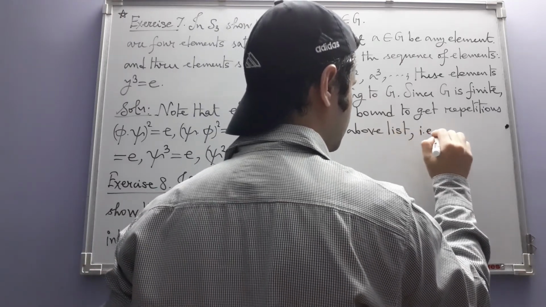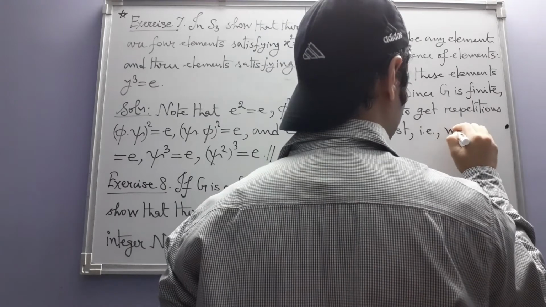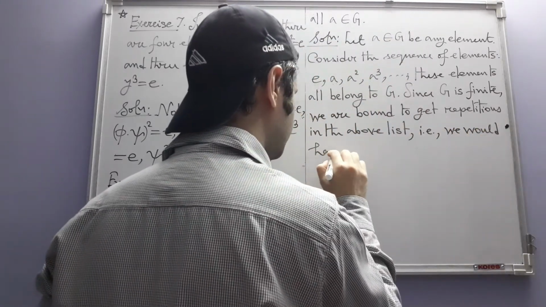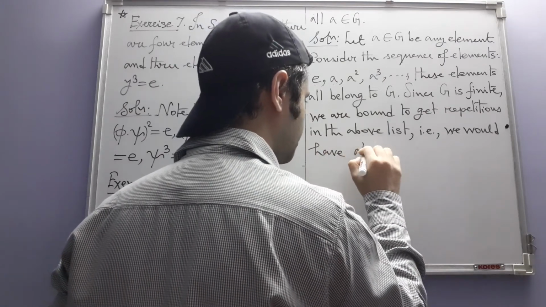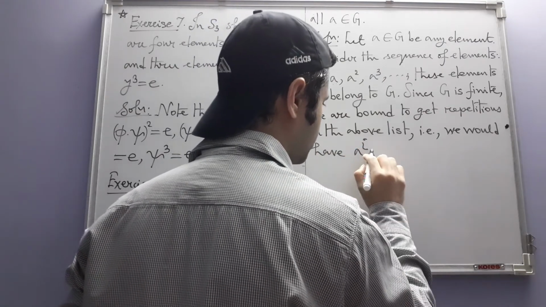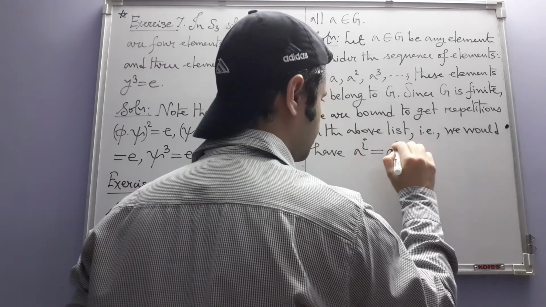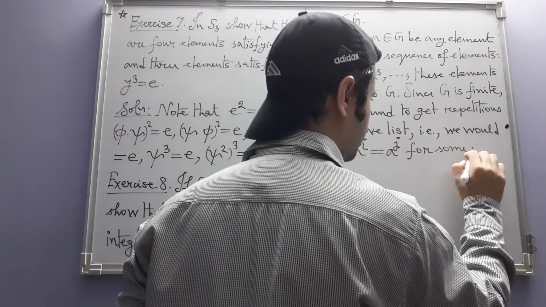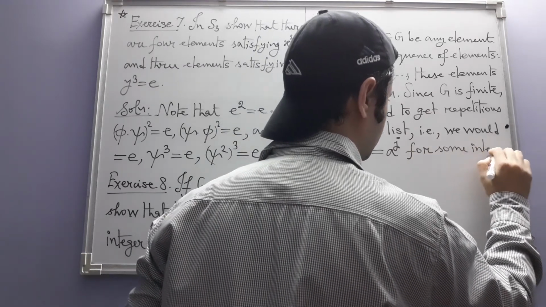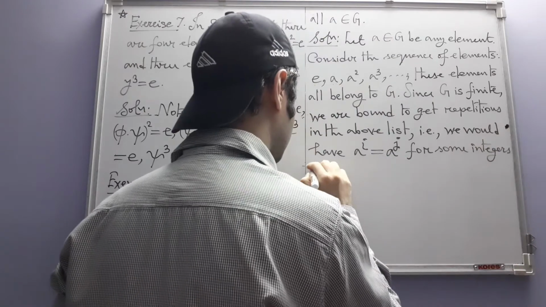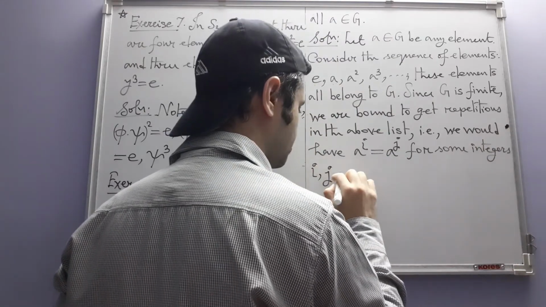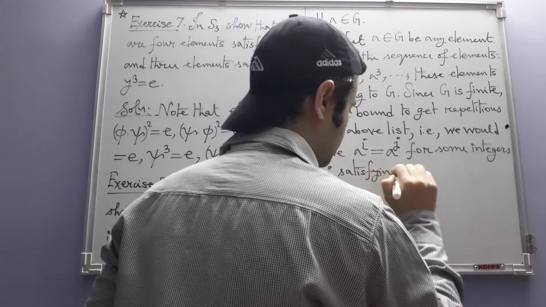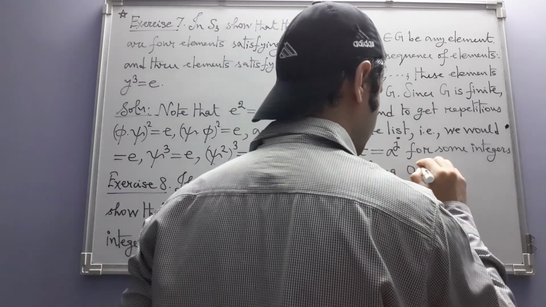That is, we would have a to the power i is equal to a to the power j for some integers i and j satisfying this.